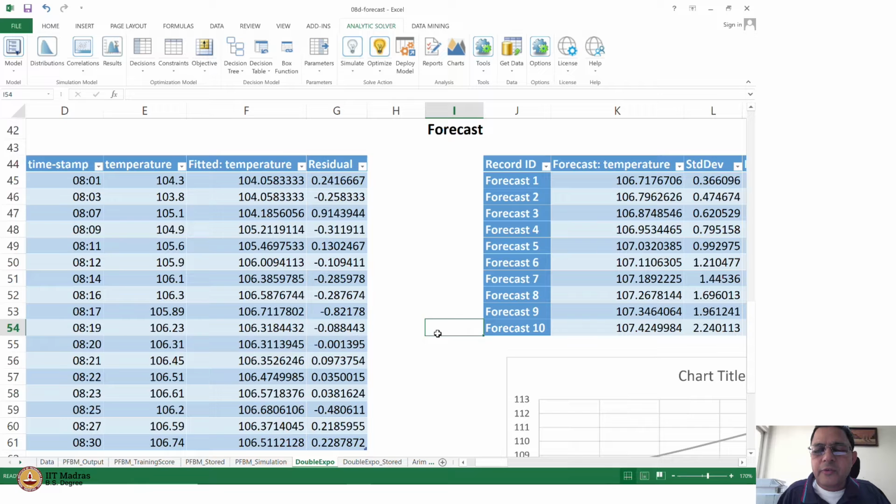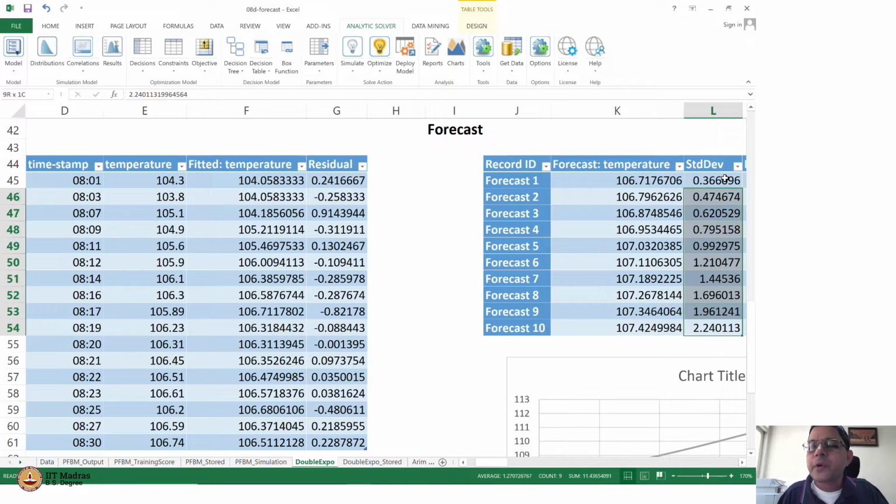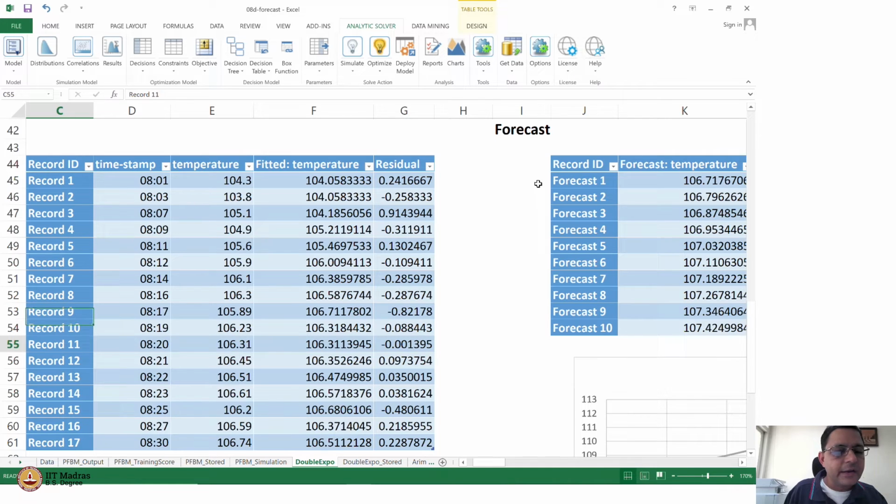So what we see is the standard deviation, or the error expected in forecasting, actually increases. Why is that happening? Because the 10th forecast is that much farther away in future. The first forecast is immediately after the 30-minute data that we have, some 17, 18 observations.